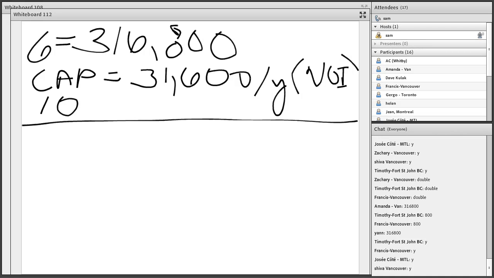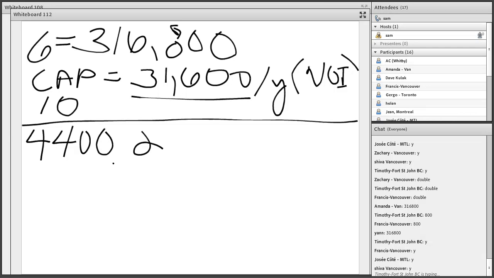Okay, so if your net operating income is 31,600, that gives us a cap rate of 10. That's what we want. Now with this setup right here, if the rent is 4,400, how much of that is income and how much is expense?